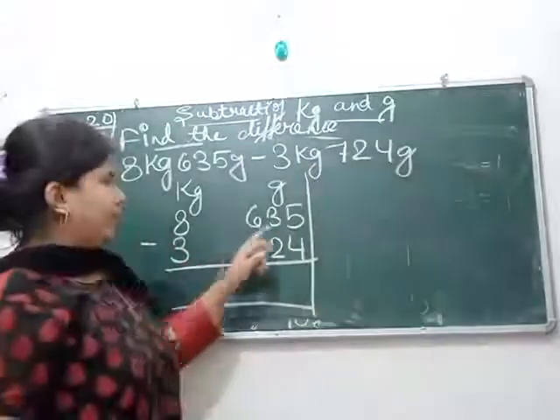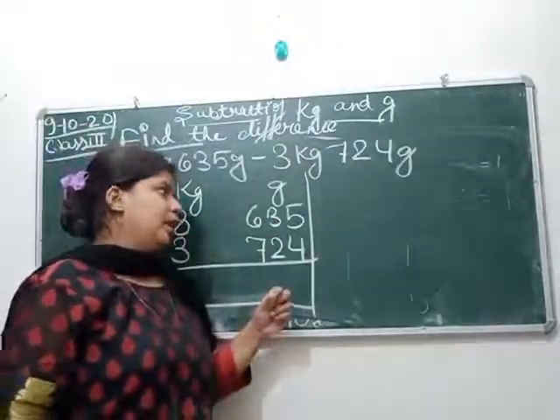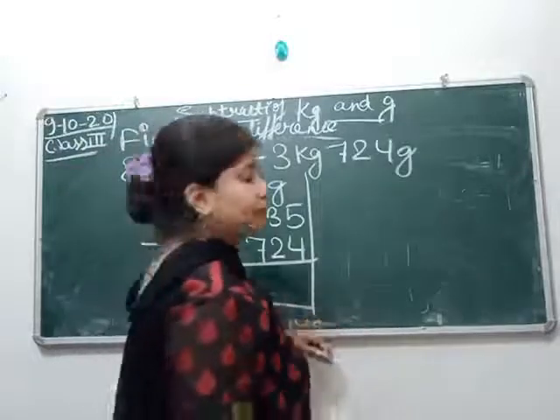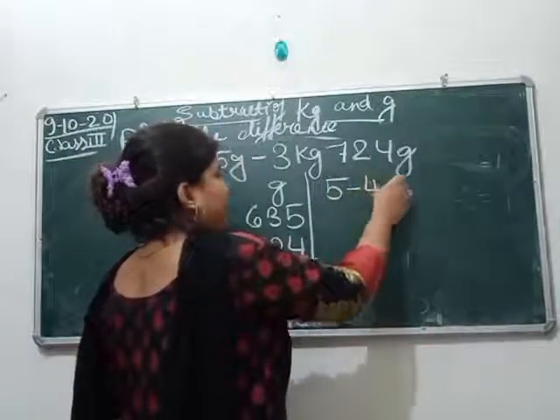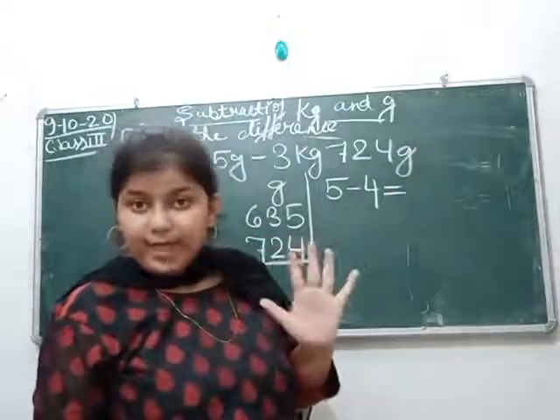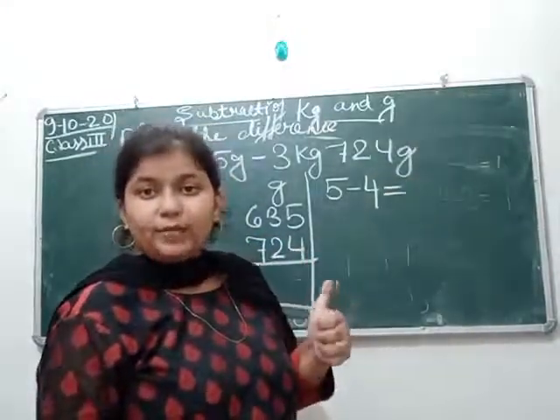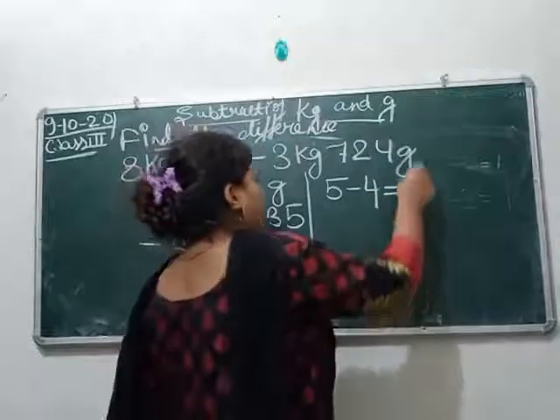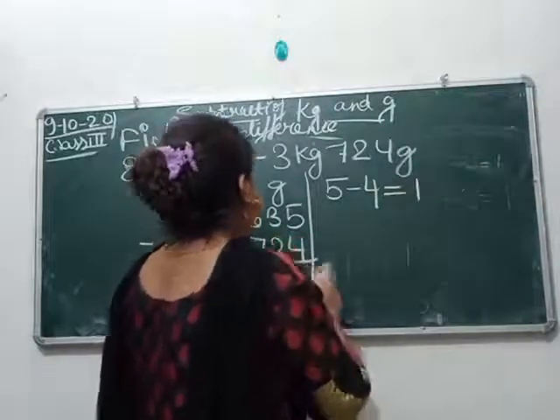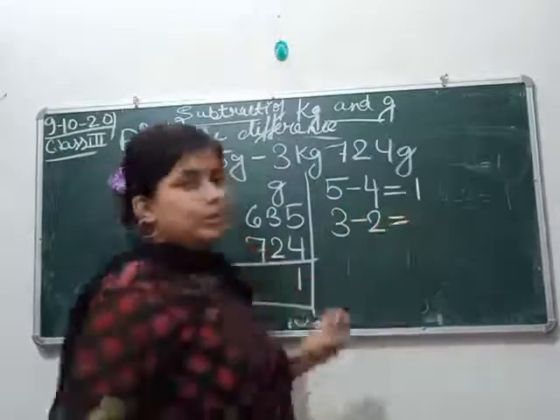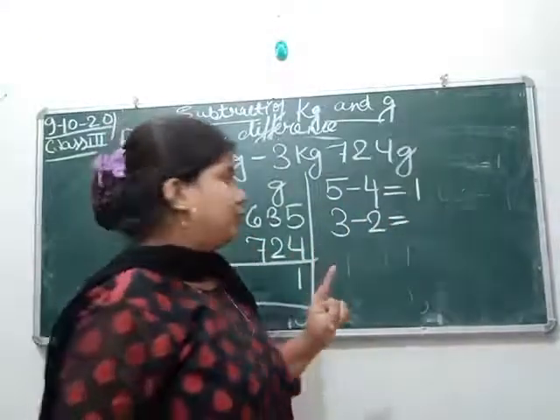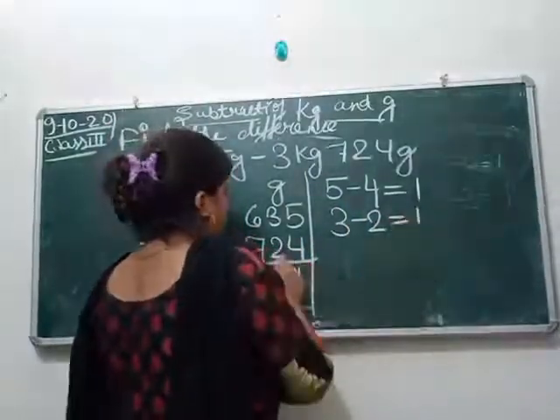We will start from this place. 5 minus 4 we will get 1. Next is 3 minus 2, you will get 1.